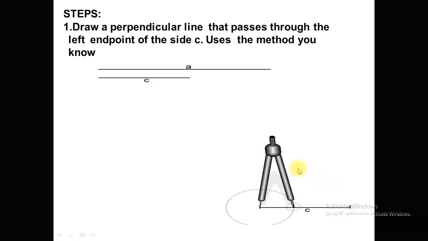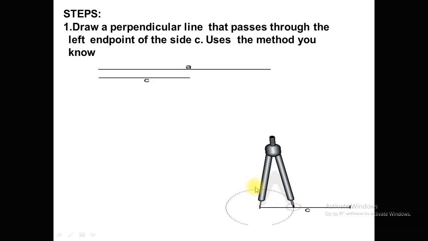If you want to construct the perpendicular line at this end point, it means constructing a 90 degree angle at this point. For the construction of angles, we have already discussed in the previous lecture how to construct 30 degree, 60 degree, 45 degree angles, and so on.